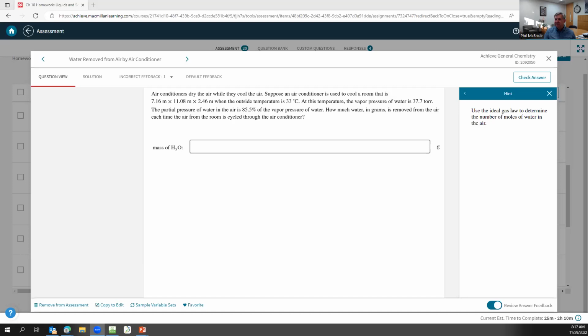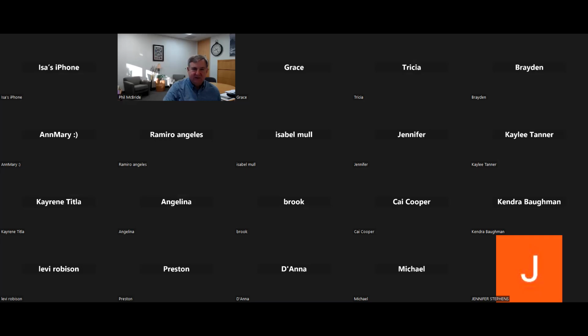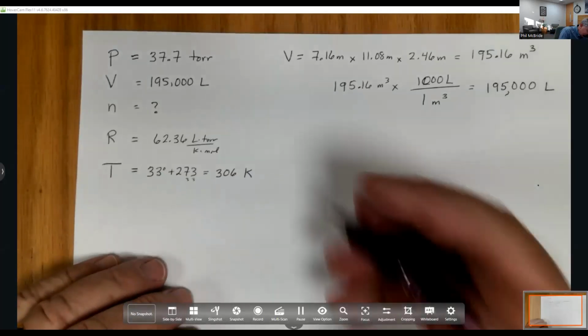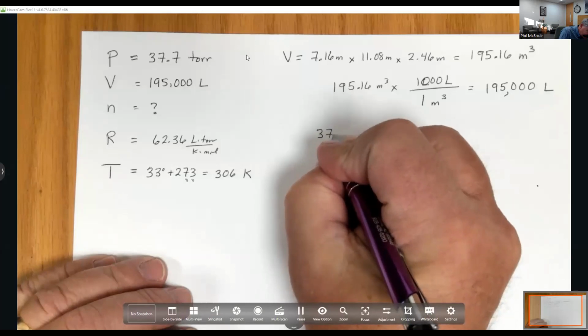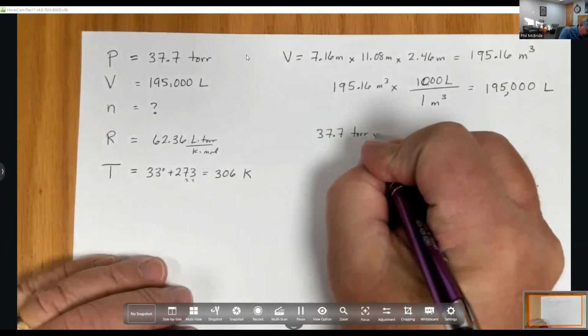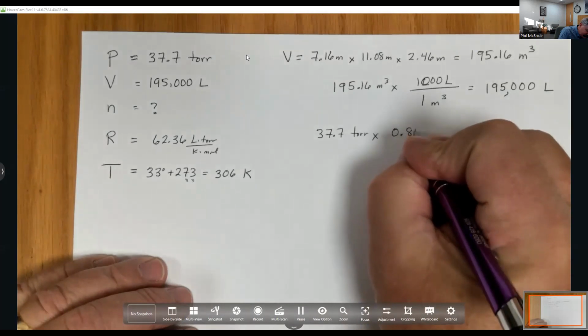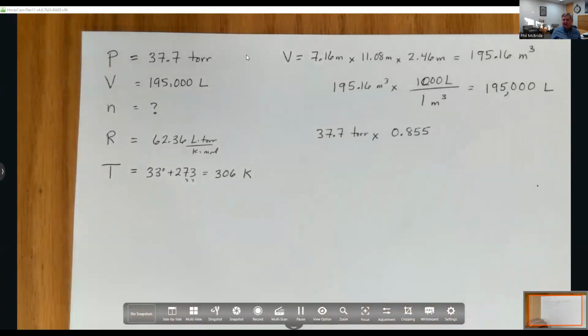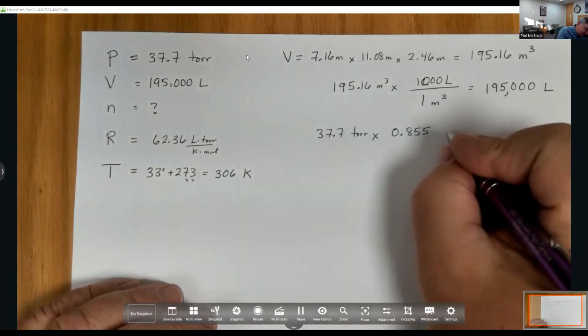So what is the partial pressure of the water in the air? To do that, I would need to take 85.5% of my pressure. So the pressure is 37.7 torr, and I need 85.5%, or 0.855, or 85.5 over 100.